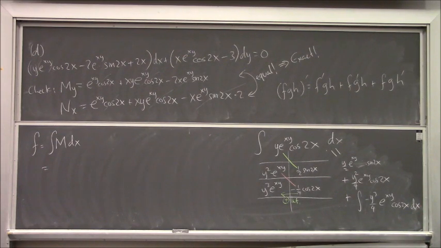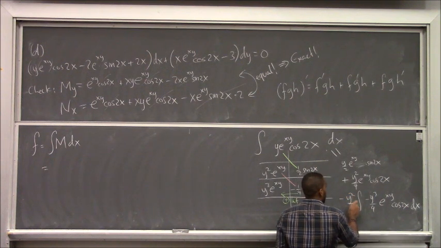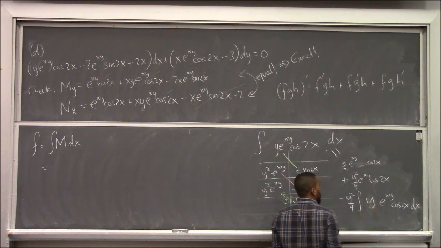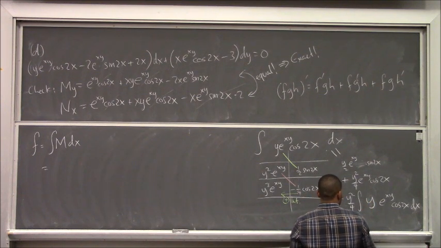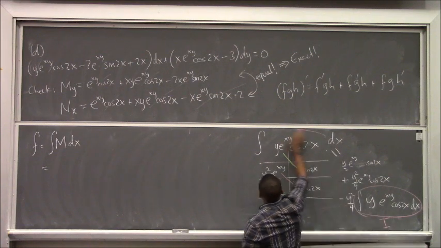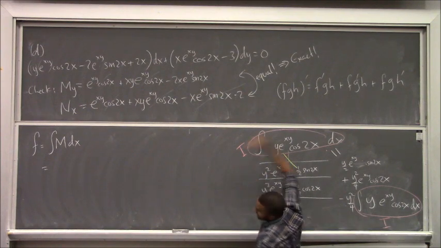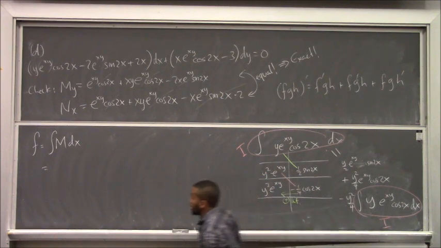What you can notice here is that we can factor out y squared over 4, and this will be y, and you'll notice that this is your original integral. So now you can bring that to the other side and divide. Okay, so that's how you would have done it.